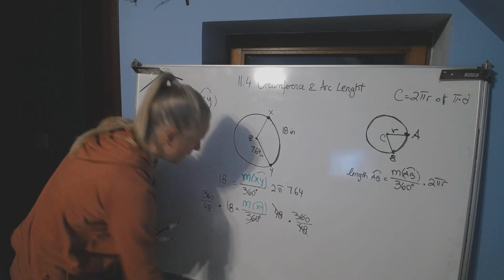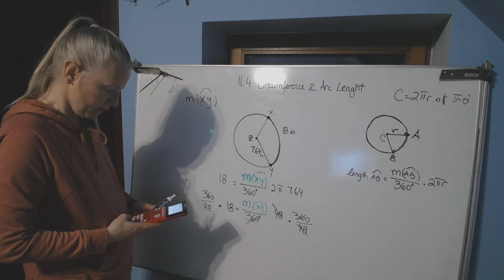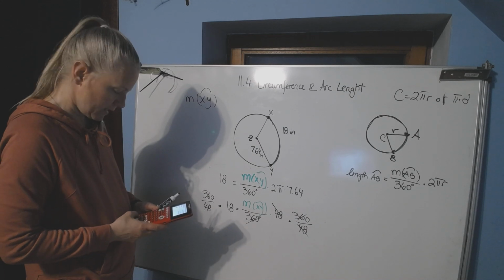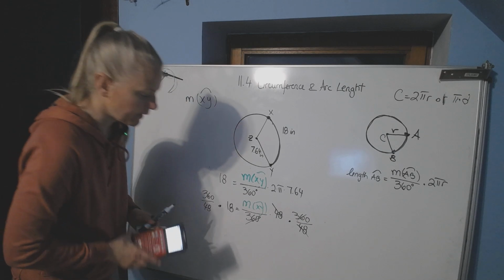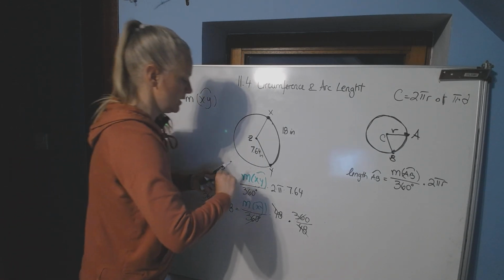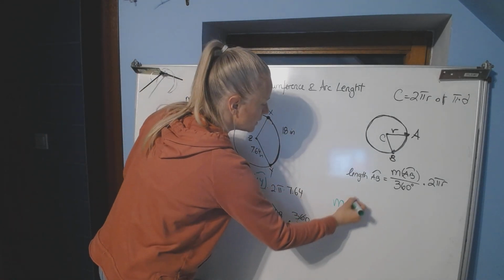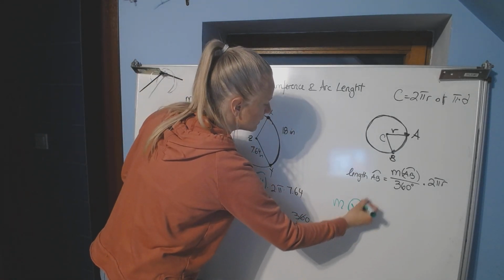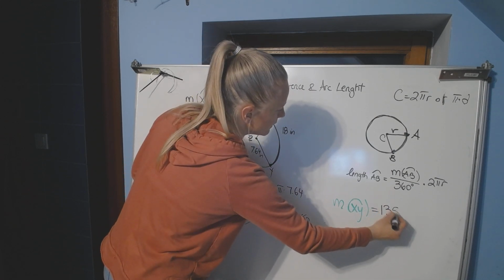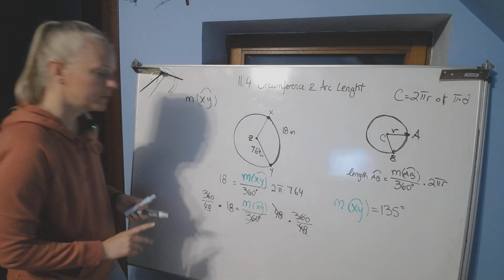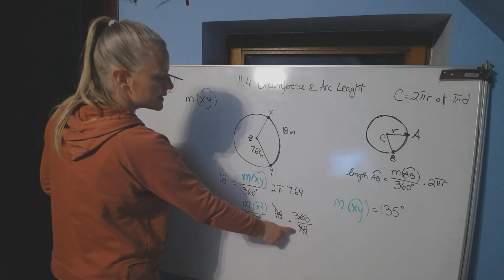We're going to do that math and see what we get. 360 times 18 divided by 48. I end up with 135. The measurement of XY is 135 degrees.